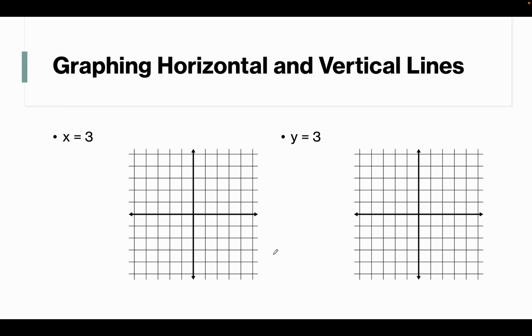Okay, so sometimes you will only get an equation that is really small, and you have to assume that the lines are horizontal or vertical. So if I say that x is 3, that means that whenever y is 0, x will be 3.